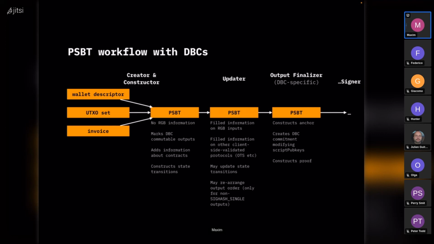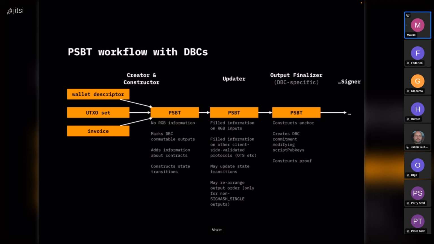Now, my task was to put into this workflow the place where the actual commitment procedure with the deterministic commitments takes place. Basically, this requires the addition of a special dedicated role called output finalizer. So we have input finalizer, but now we have output finalizer.